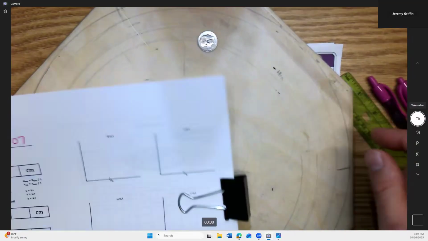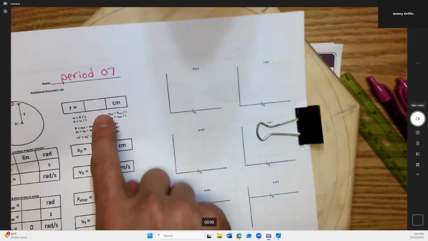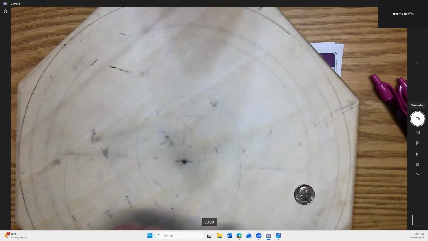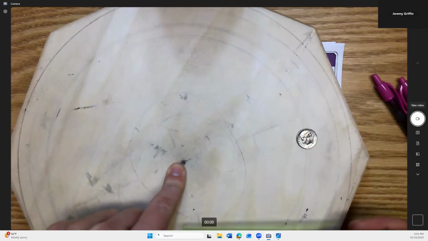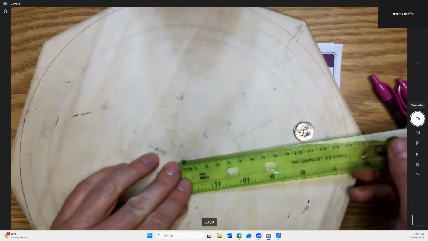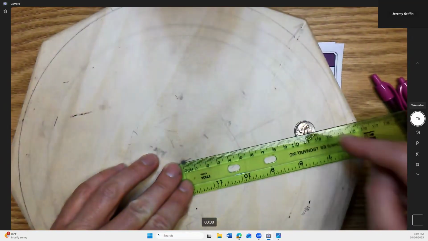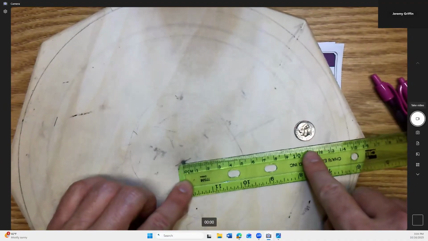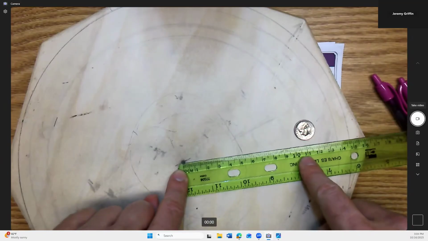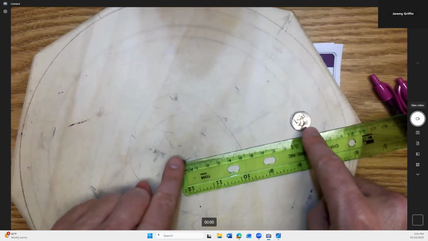So, first question: what is the radial distance in centimeters? I'll have this parked here, and can you find the center of your turntable and measure how many centimeters it is to your coin, or in my case, my Roosevelt right here. This one's 11 centimeters out, center to center. So I'm going to write 11 for 11 centimeters.